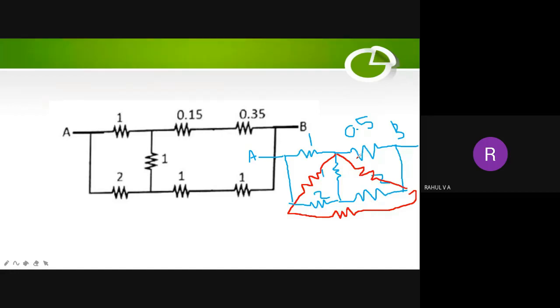Okay, try this now. Both the methods you can try and tell me what is the answer.